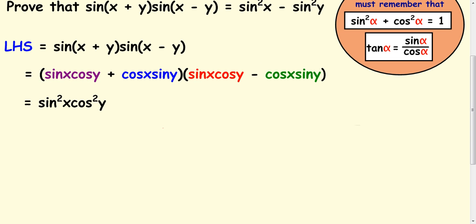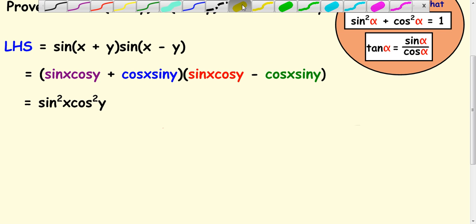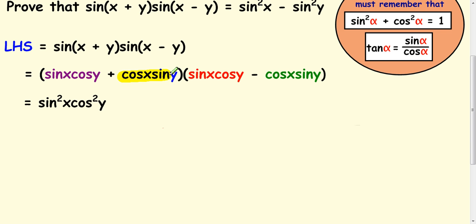So the next thing you want to do is multiply these two together. And that is going to give cos x sine y and sine x cos y, and you can write that like this. So that's that times that.